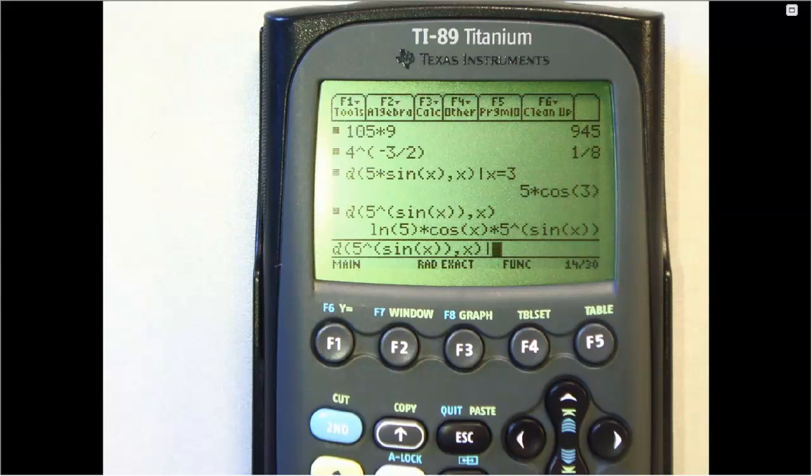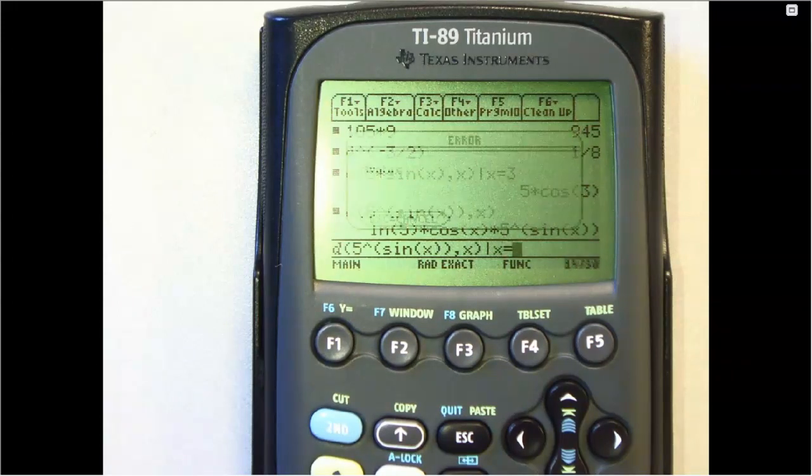You need a double close parenthesis after the sine of x. There are 3 opens and 3 closes. You're good. And then what number do they want me to plug in?